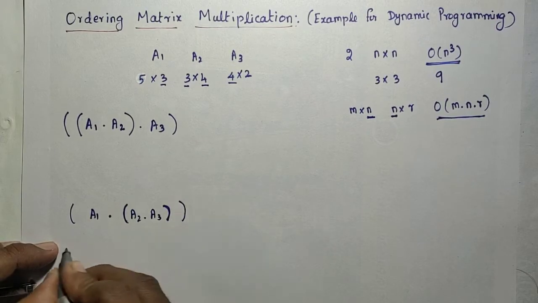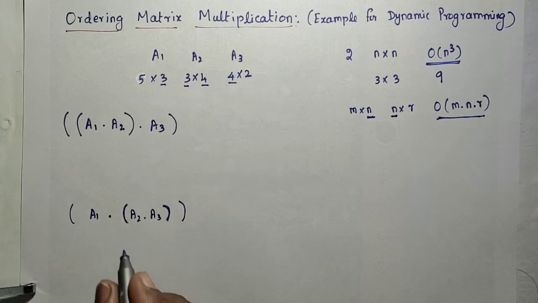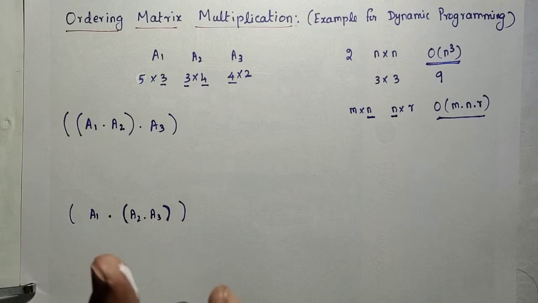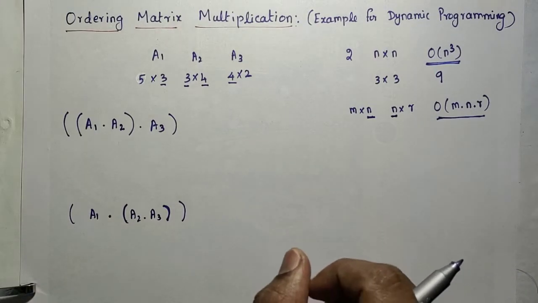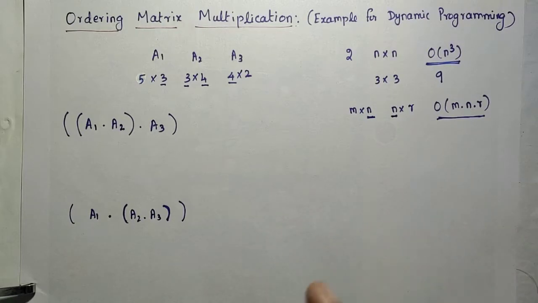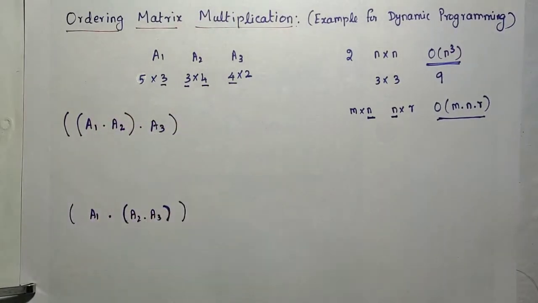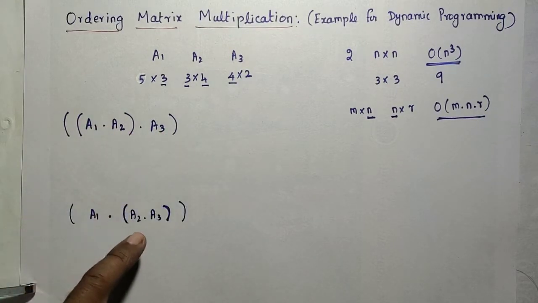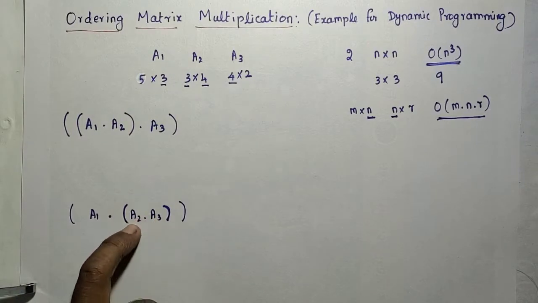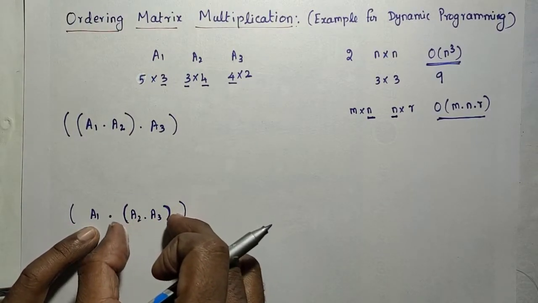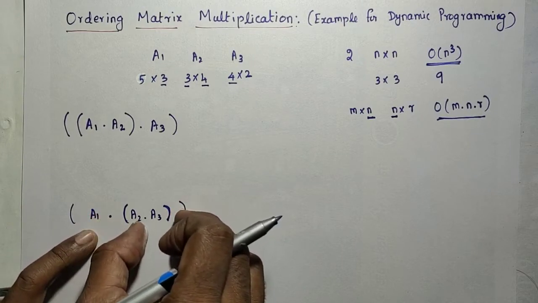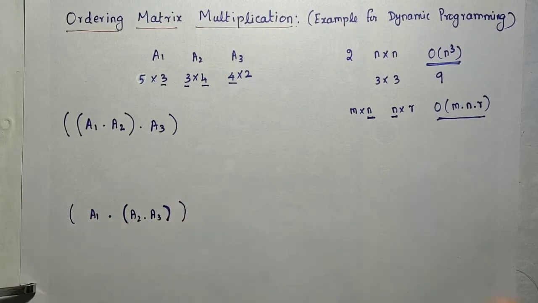See here, we are not changing the order of the matrix positions, only the order of the matrix multiplication. In this way also we can do the multiplication. Both give the same result. A1 into A2 into A3 also produces the same result. A2 into A3, and the resultant matrix will be multiplied with A1. We should not change the order, so we cannot write that result into A1; it is A1 into that result.